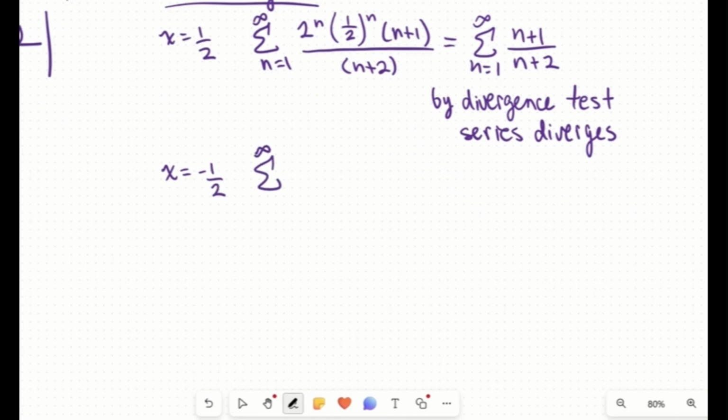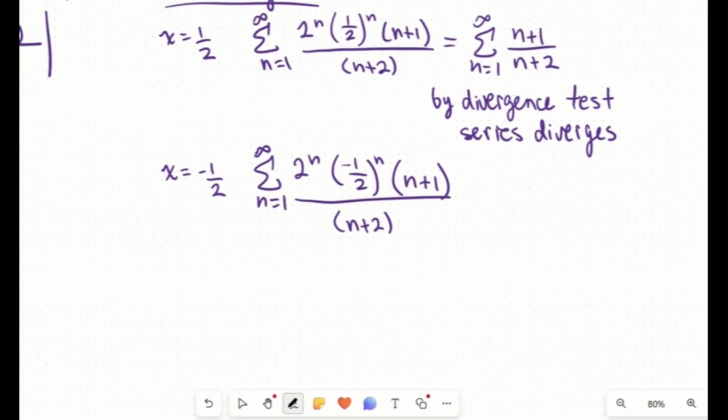So we're going to have the series n equals 1 to infinity, 2 to the n, and then instead of x, we're putting negative 1/2 to the n, times n plus 1, all over n plus 2. Let's simplify this down.